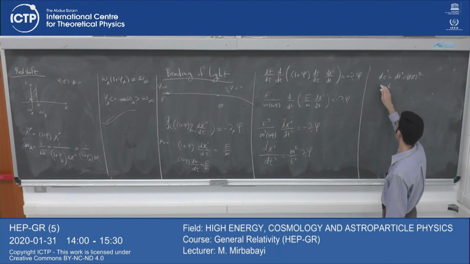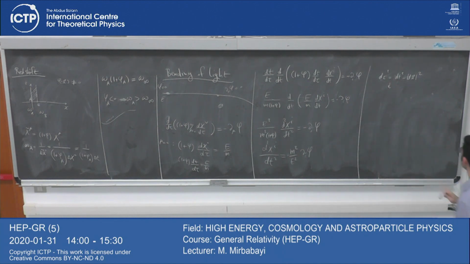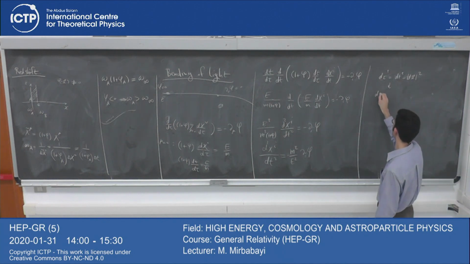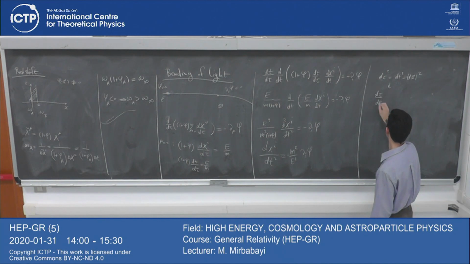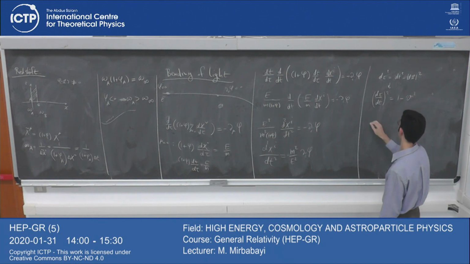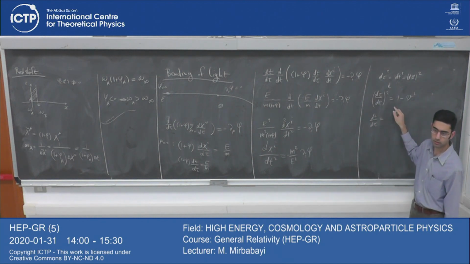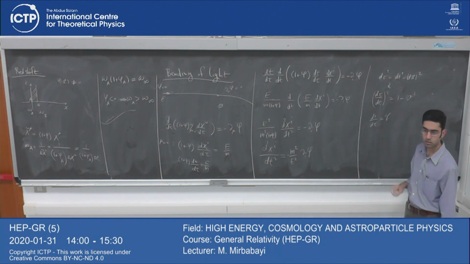So if we divide by dt squared on both sides, we get d tau by dt squared is equal to 1 minus v squared, or dt over d tau is equal to 1 over the square root of that, which is called gamma. Yeah, that is that.